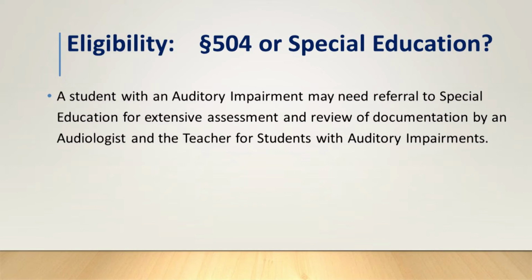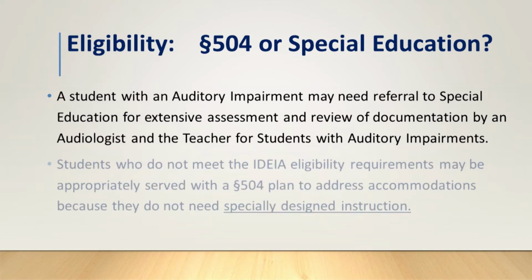A student with an auditory impairment may need a referral to special education for extensive assessment and review of documentation by an audiologist and a teacher for students with auditory impairments. If a student meets the basic eligibility requirements and there is data-based demonstration of need for specially designed instruction through an individualized educational program, this will be created through special education.